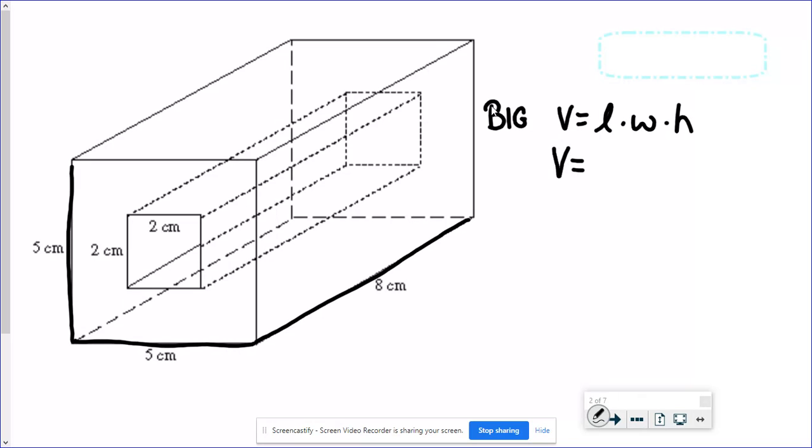And I don't really care which one goes where. So 5 times 5 times 8. 5 times 5, you know that's 25, and 25 times 8 is going to give me 200.